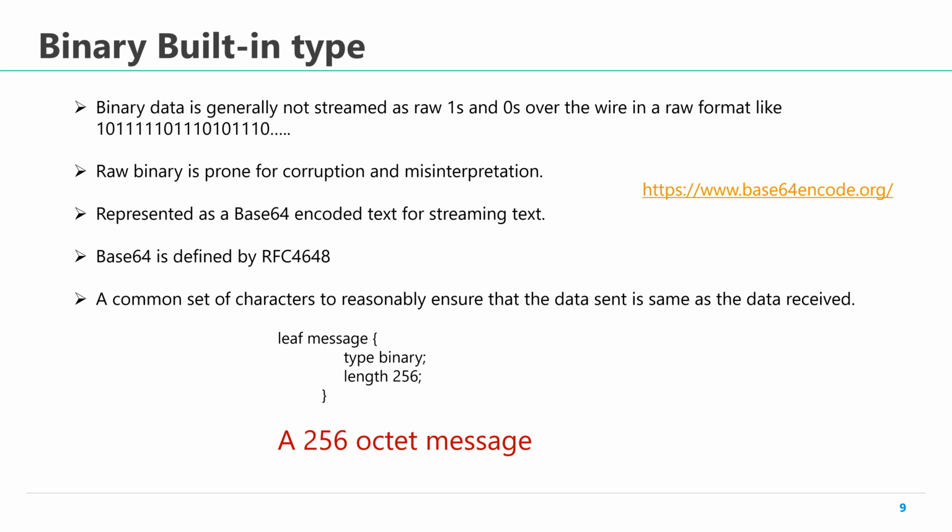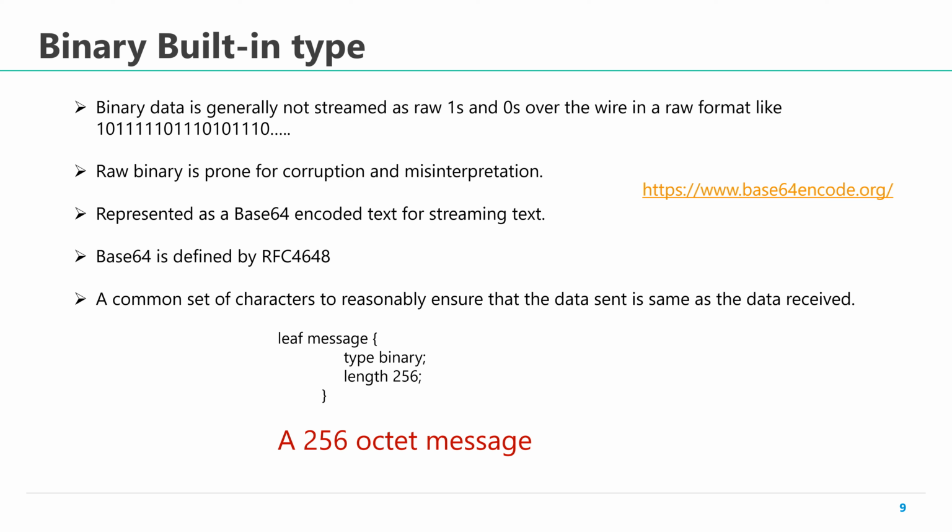Here I have defined it as a 256 octet message. So depending on the application where you are using it, you must define the length accordingly and ensure that the application is aware of the base 64 encoding, and it can derive that value when it is set by a client, and you convert it to the appropriate form for usage.